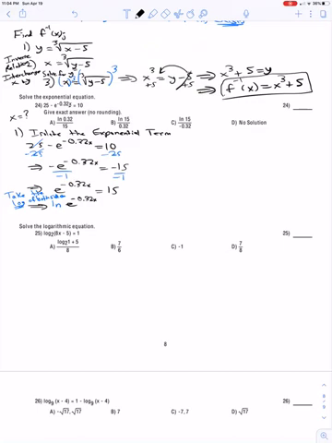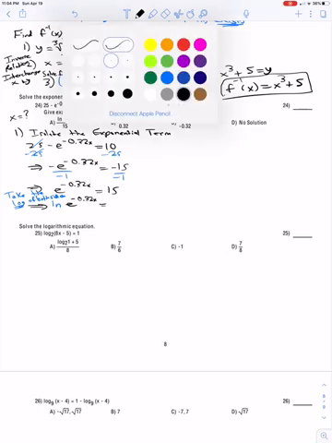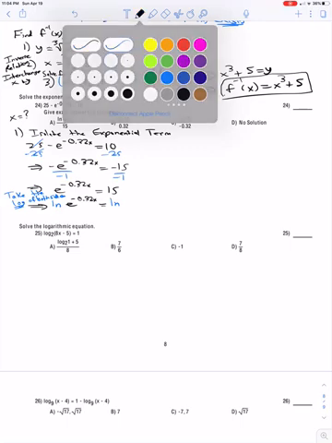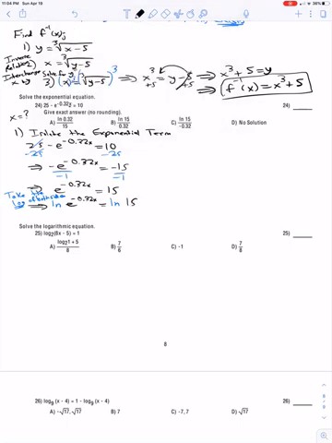So natural log. As I do that, review one of our properties from earlier this semester. We remember our same base rule. If you remember this property, what does log base a of a to the x simplify to? x. So you can use that here. So all of this is equal to negative 0.32x.